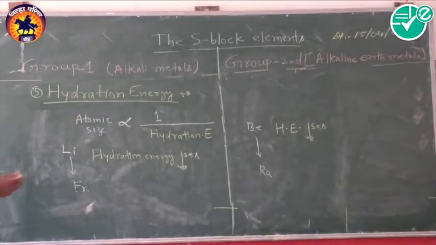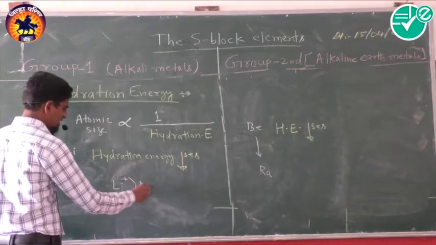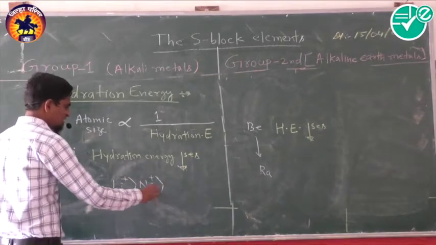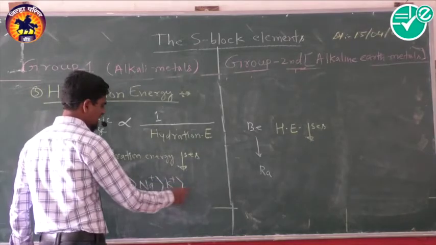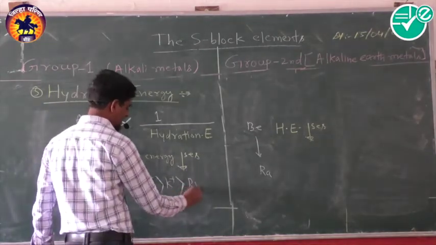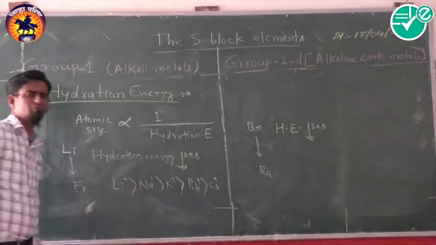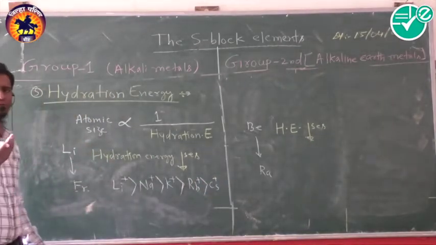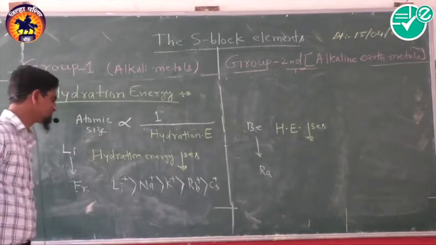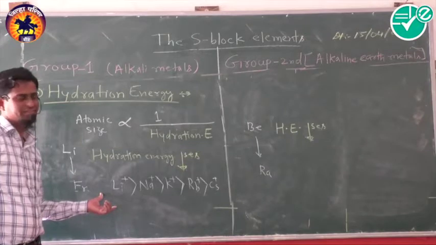Now write the small relation: Li plus, then Na plus, then K plus, then Rb plus, then Cs plus. This is sufficient for the purpose. Francium is a radioactive element, that's why we will stop here. So this is the correct order for hydration energy.